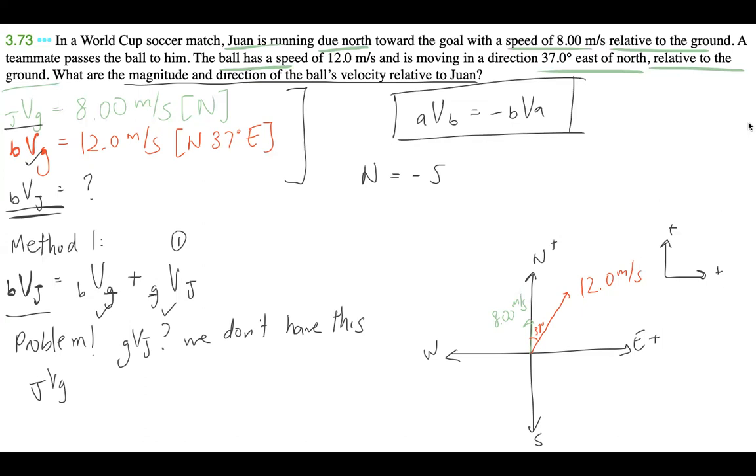But because north and south are on the same dimension, one is just the negative of the other. And the same really goes for these types of questions too. So AVB is equal to minus BVA, which means that JVG is equal to negative GVJ, and vice versa. So negative JVG is equal to GVJ.